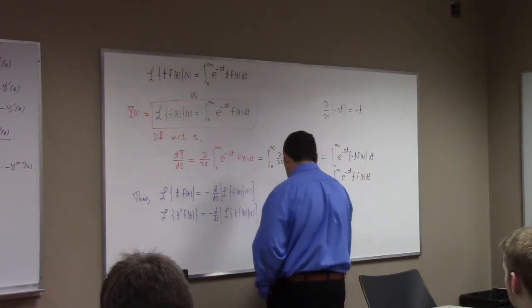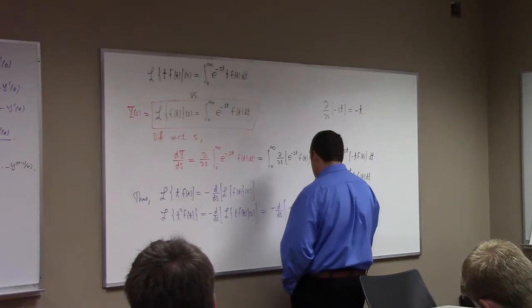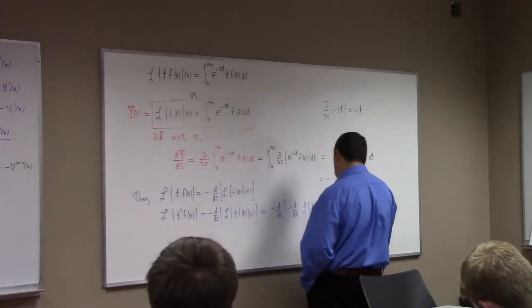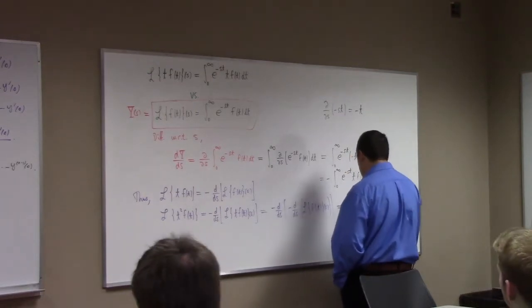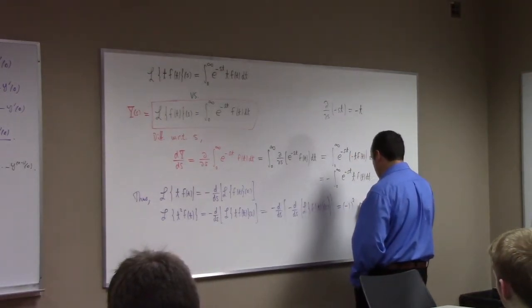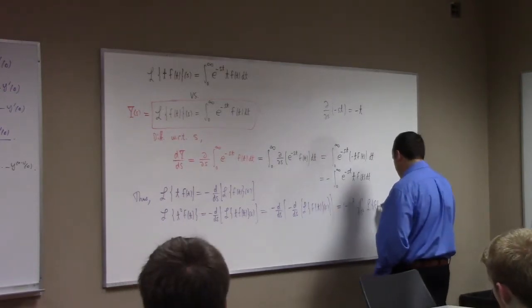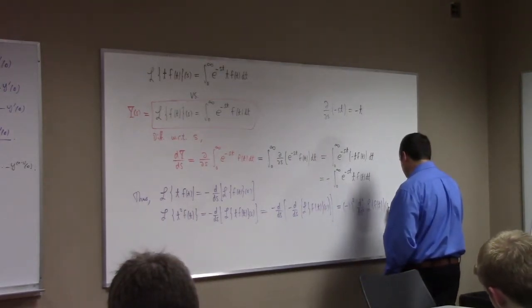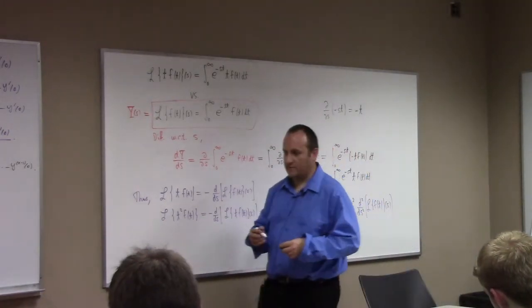Which is minus d/ds of minus d/ds of the Laplace transform of f of t, right? Which we could write as minus 1 to the 2 power, second derivative with respect to s of the Laplace transform of the function. I hope you see where this is going.